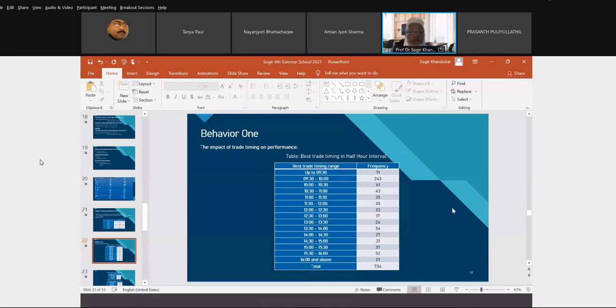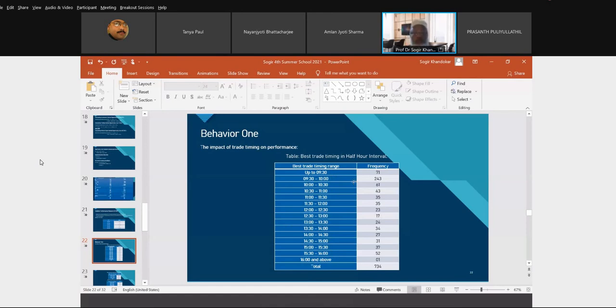For a year, we see that because our data is from the US financial market, that is the American stock exchange, we know that the stock exchange starts at 9:30 in the USA and closes at 4 p.m., that is 16:00. But some trades occur before 9:30 and after that trading period.